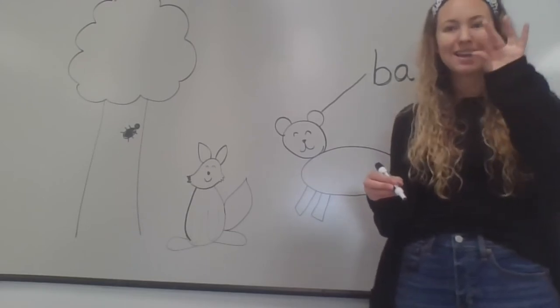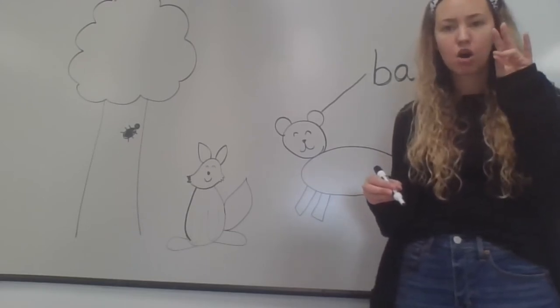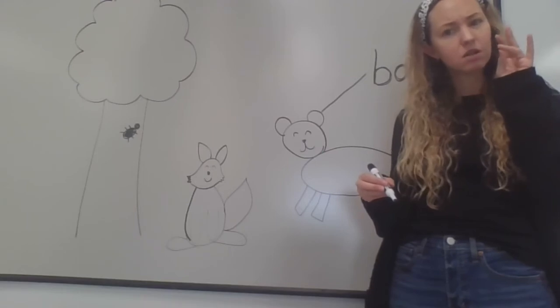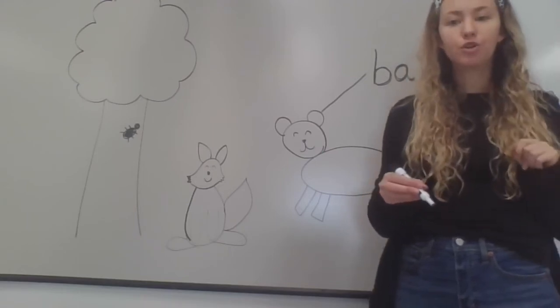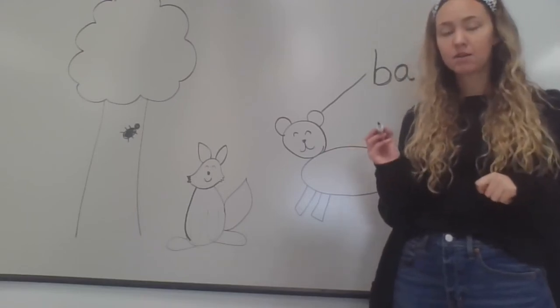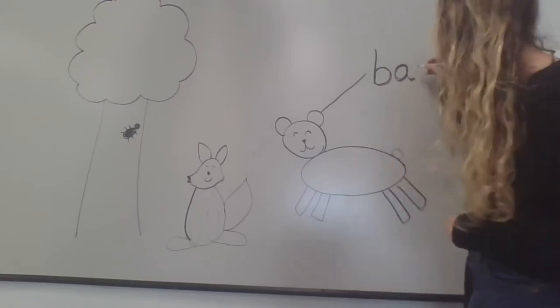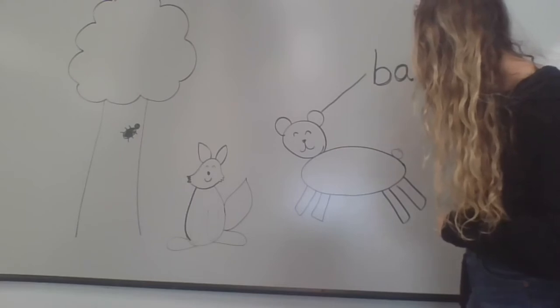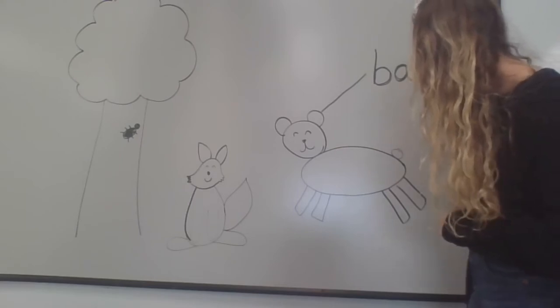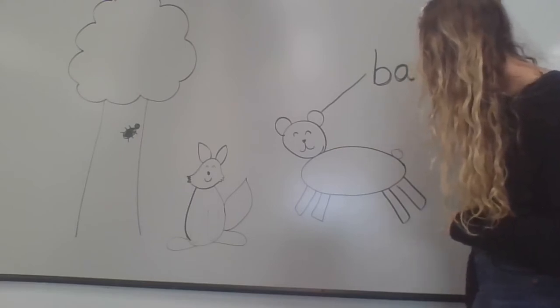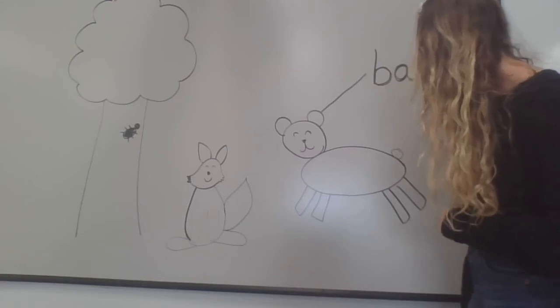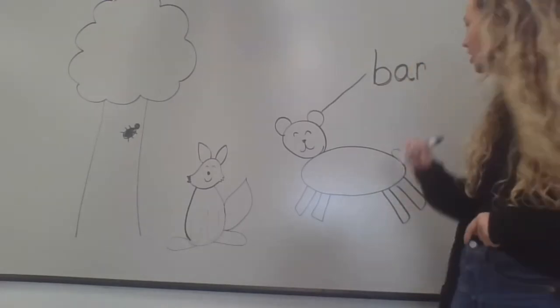So we had B, A. What was that last sound? You're right, it was R. So what letter should I write to show the sound R? Yes, letter R, good job. So we're gonna start in the middle, straight line down, back up, little curve for letter R. Go ahead and write the R on your paper.